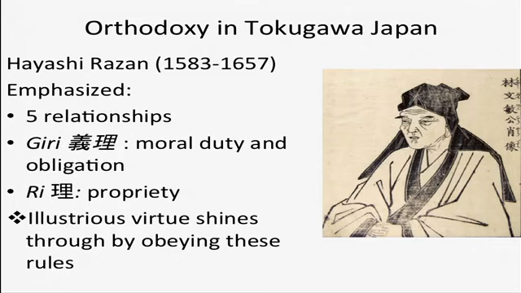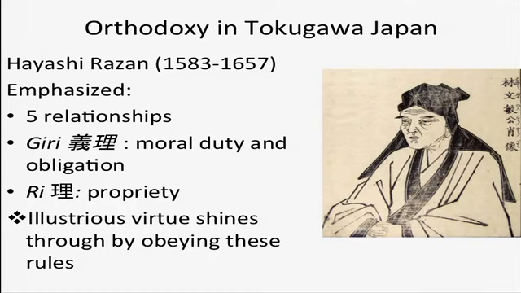In particular, Hayashi Razan emphasizes the 5 relationships. Again, right? Going back to these classic Neo-Confucian ideas. Can someone name one of the 5 relationships I just mentioned? Tell me your name again. Yes, give me one. Father to child, yeah. All right, how about a couple more? John, yeah. Husband and wife.